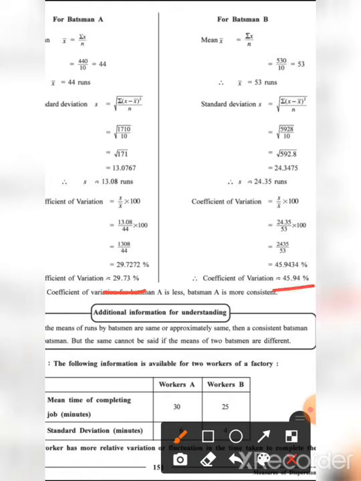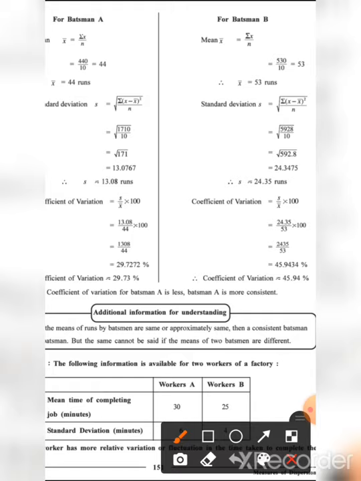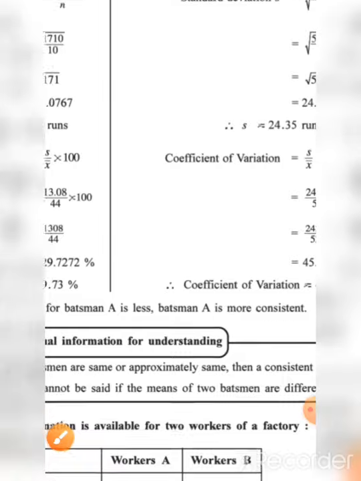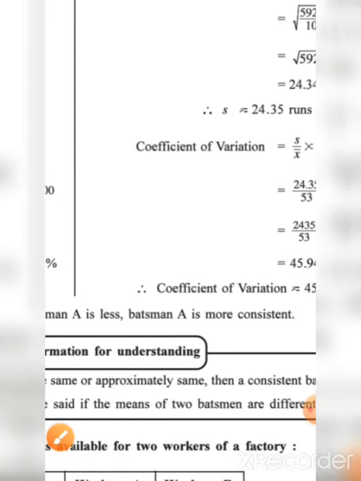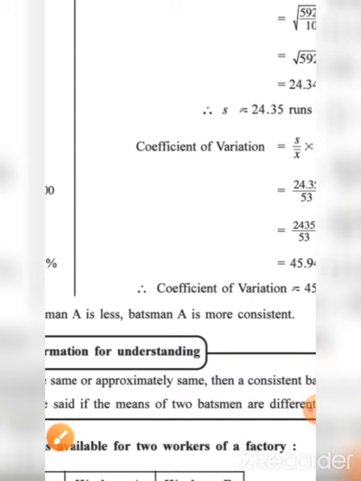Seeing both of them, batsman A has the lower coefficient of variation, and as it is lower, we can say that batsman A is more consistent. So that is how you do the comparison with the help of the coefficient of variation.